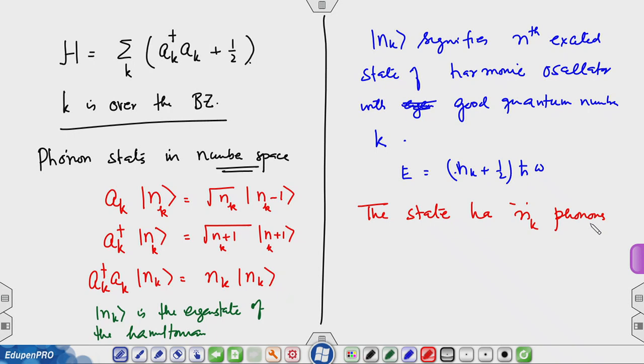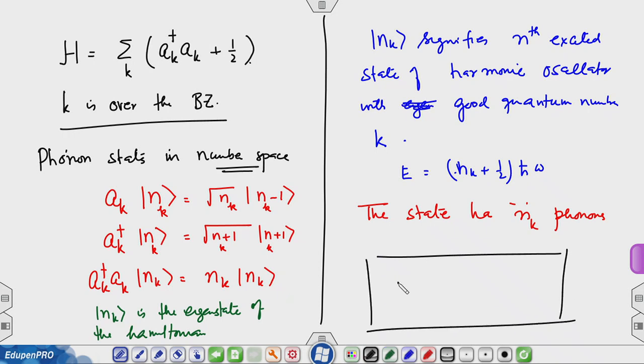So, if you like, if you make a picture of this crystal, what this is, is a collection of these phonons. This is the kind of picture we have made, and this may be a phonon with good quantum number k_1, let us say, the other one could be k_2 and their number could be n_{k1}, this could be n_{k2}.